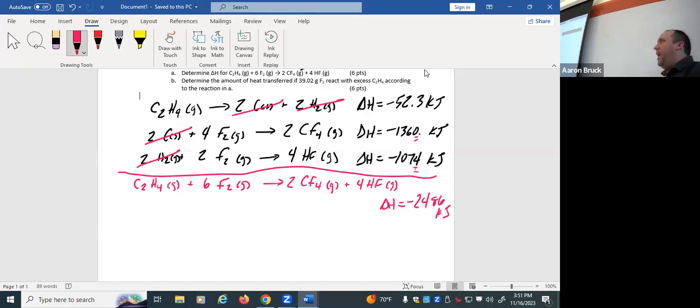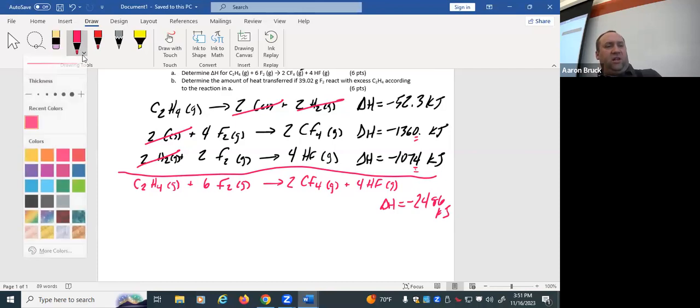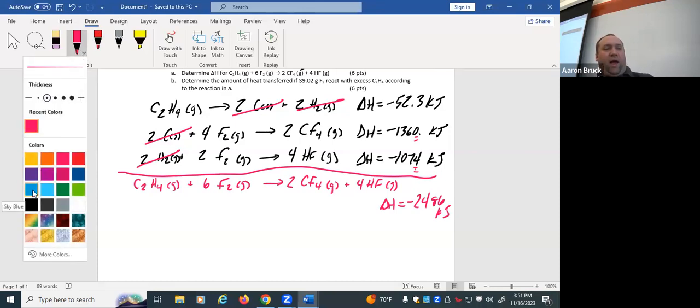So that's part A. Part A was just asking, what is the heat of the reaction? Part B is the part that we were asking about originally, which is what do I do with that information if I am not looking just at the chemical reaction by itself?